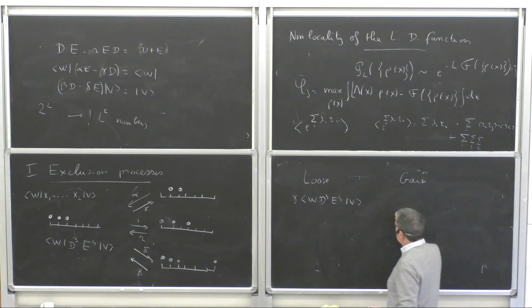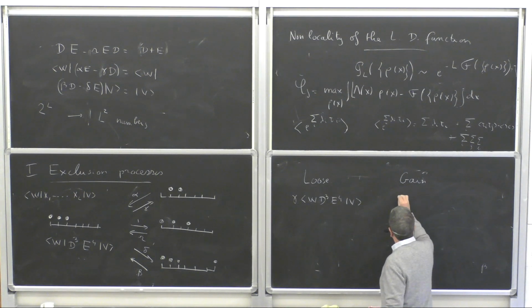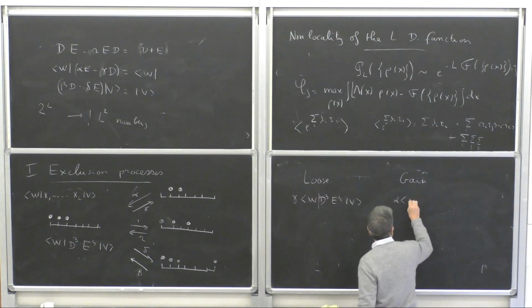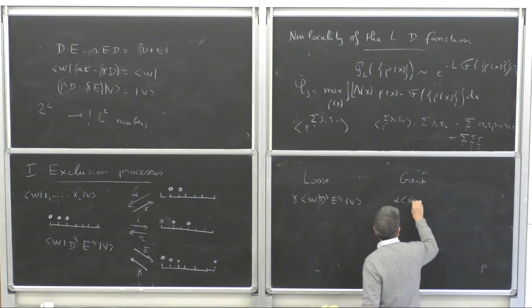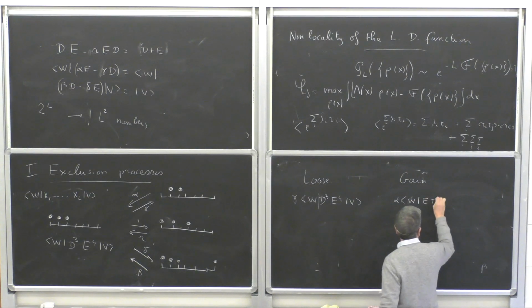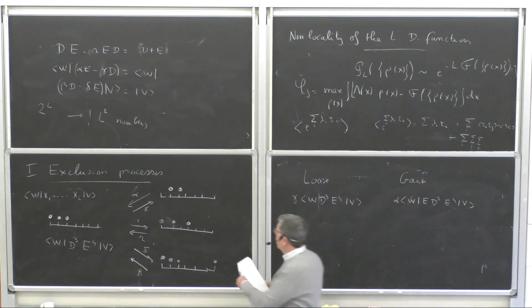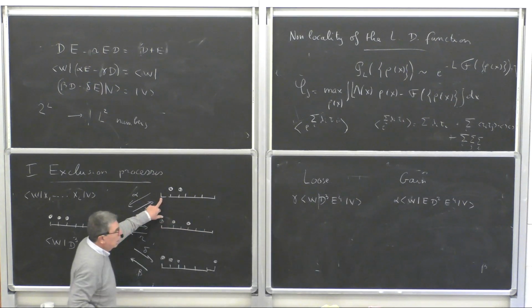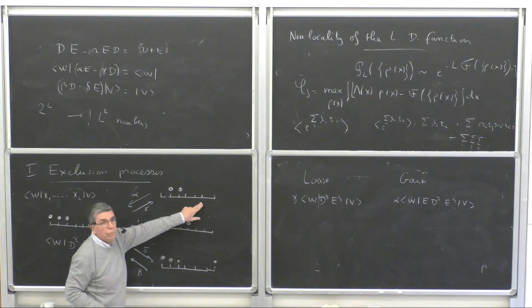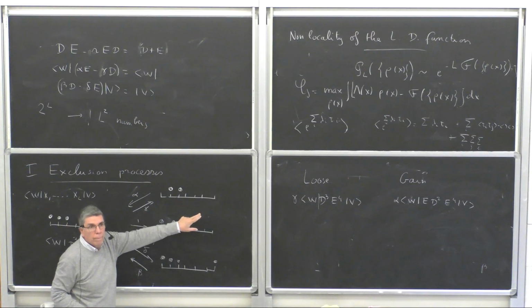And the gain is, what is it? It's alpha times W d squared E4. Because I gain from here, you see the weight here is W d squared E4. Okay?